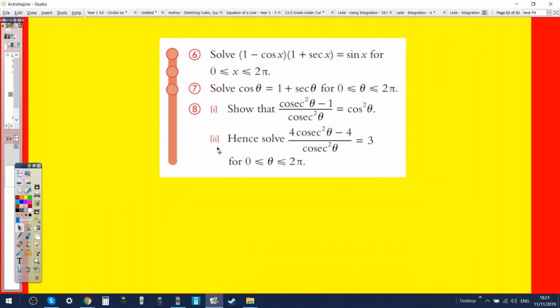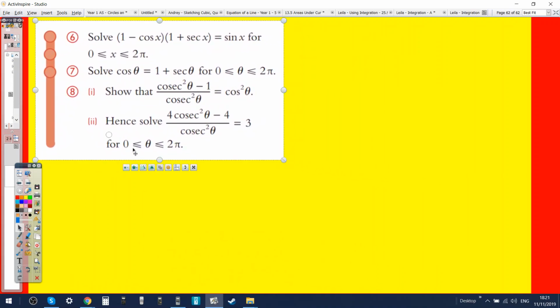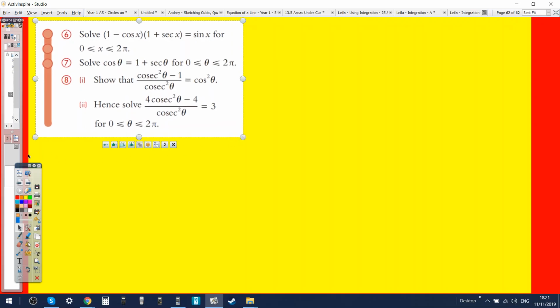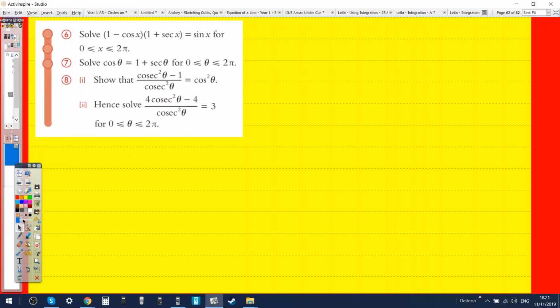Okay, so let's start with 6. 1 minus cos x, 1 plus sec x equals sine x. So that, okay.